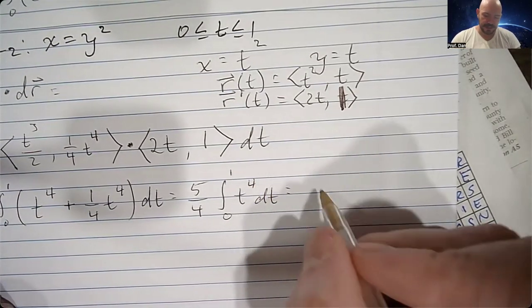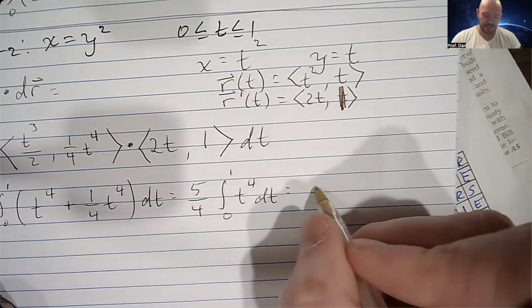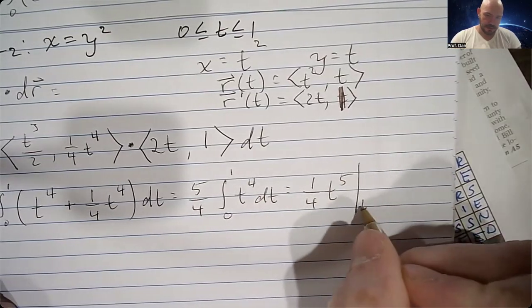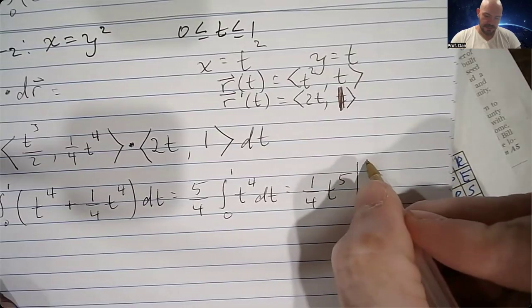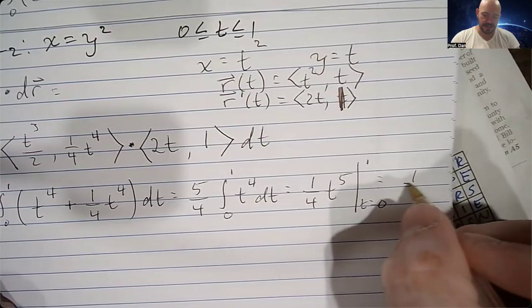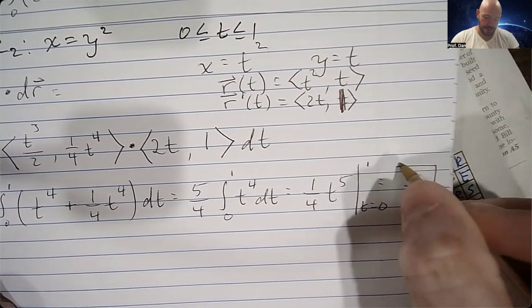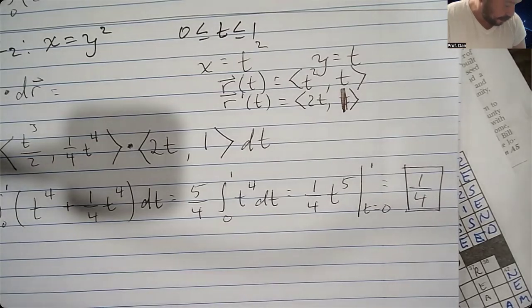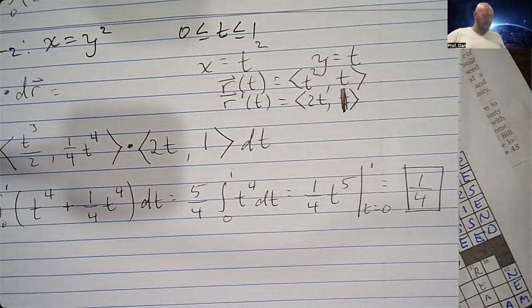Add 1 to the power, that'll be t to the 5, divide by 5, that makes this 1/4. And we evaluate from t equals 0 to t equals 1. I get 1/4 minus 0, which is also 1/4.